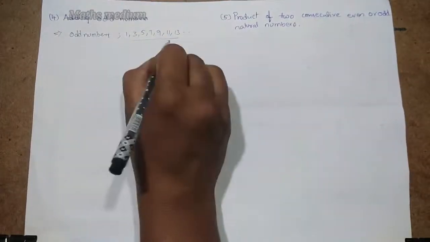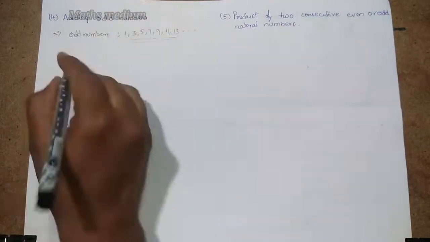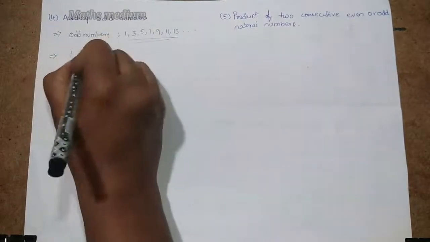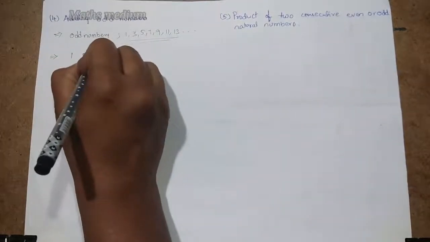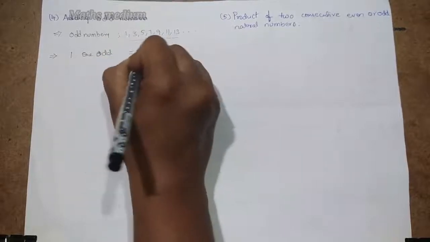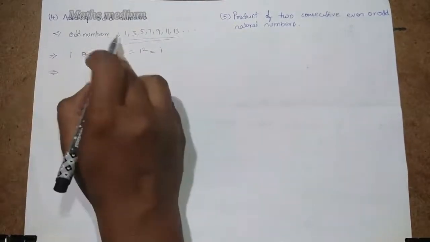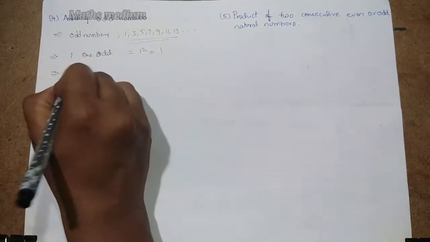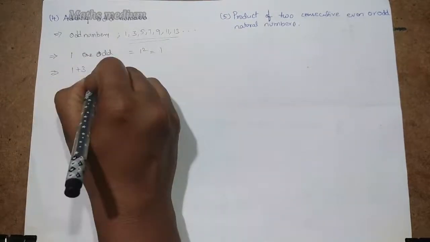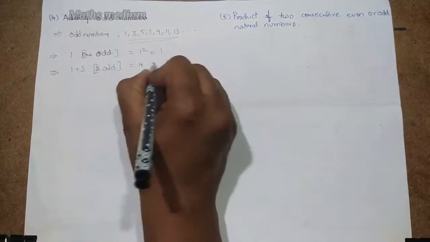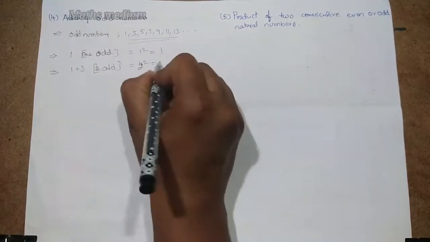By adding odd numbers, we get a square number. See, 1 odd number gives 1 square, that is 1. By adding two odd numbers, 1 plus 3, we get 4, which means 2 square, it is 4.